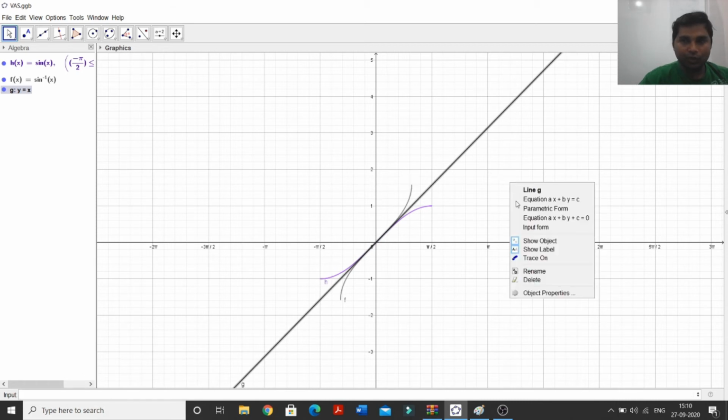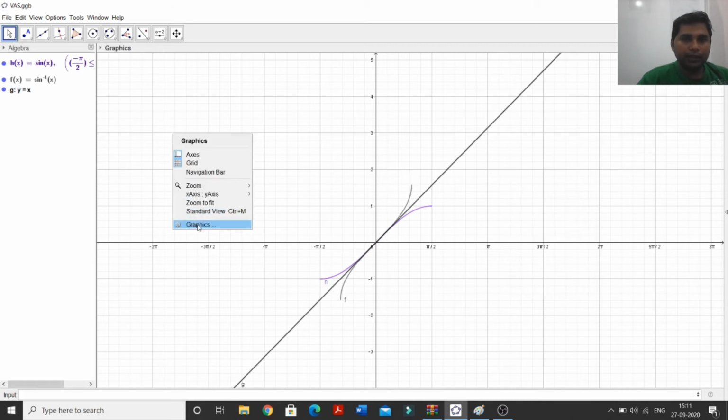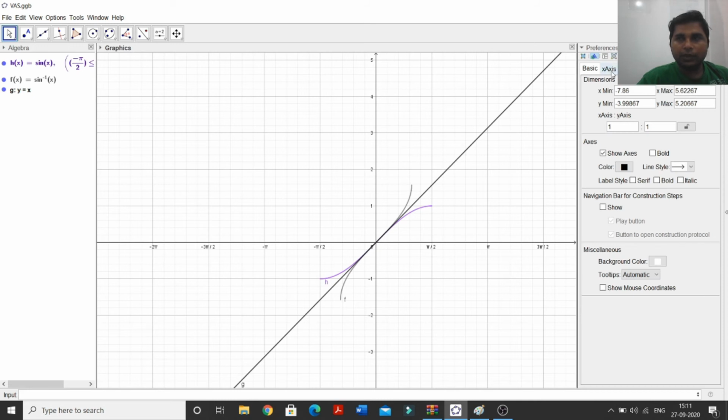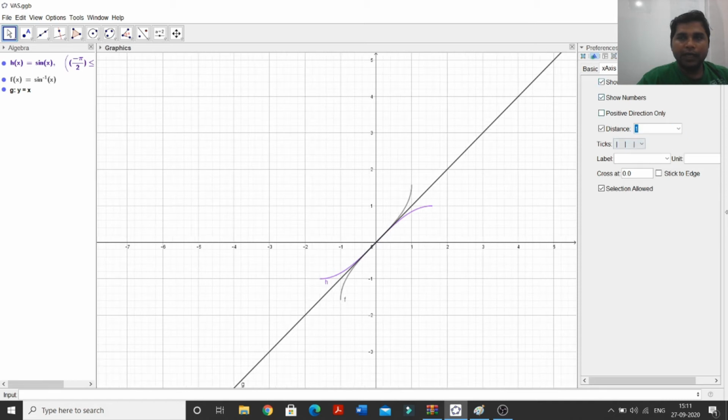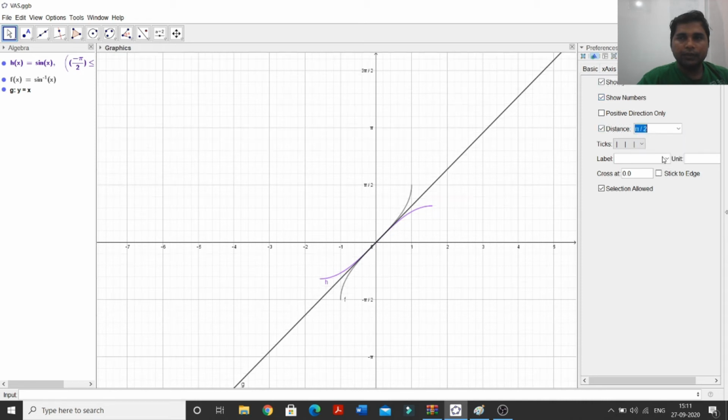I'll show you. Let me change the settings now. For the x-axis, let me change it to 1, and the y-axis I'll change to pi over 2. So I've changed it.